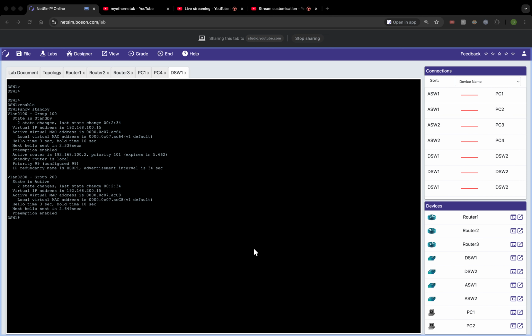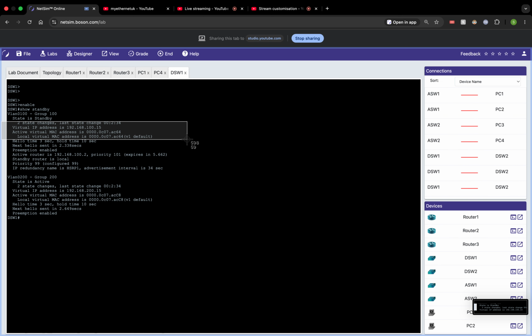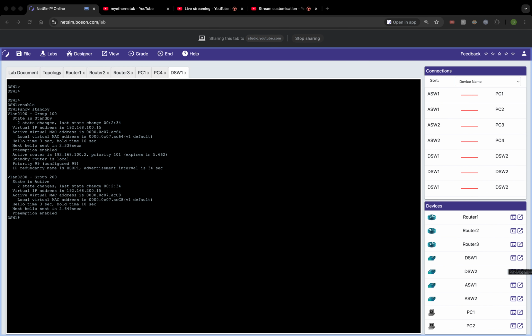I will put this in the description of the lab, by the way. That's something important to know about: the virtual MAC address that's the default for version 1. Sorry, just taking the screenshot there. That's something very important to know about.